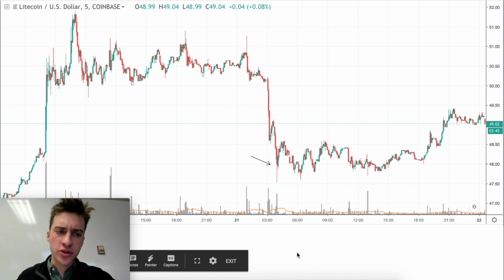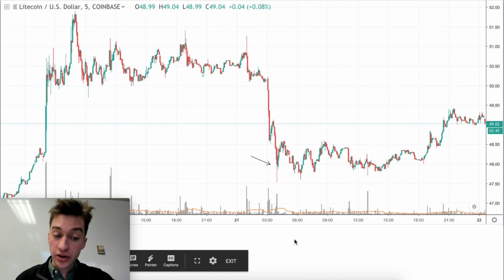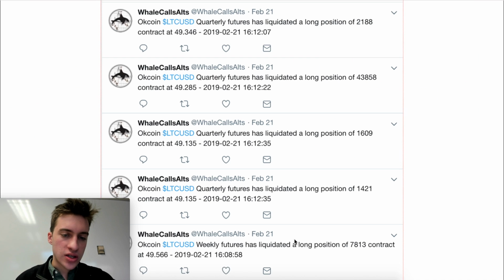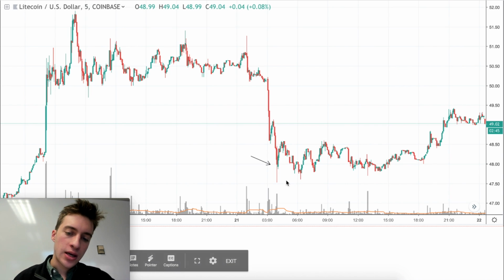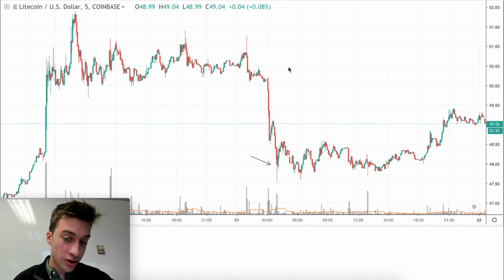And what I found with uptrends and downtrends on these short-term charts is typically when you just get very slight liquidations, yeah, you can sometimes get a reversal. But when you get massive liquidations, like something like this, it tends to lead to a reversal more than not. And this massive liquidation did not occur here. Because if it did occur here, I would have expected price to have bounced much higher. But actually what we saw was all of the liquidations basically occurred just down here.